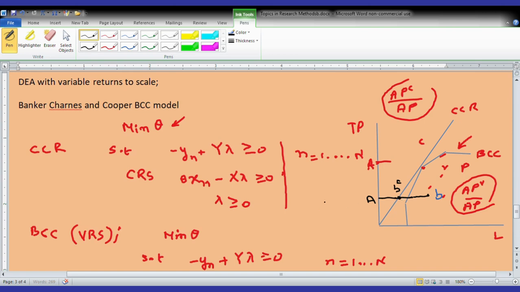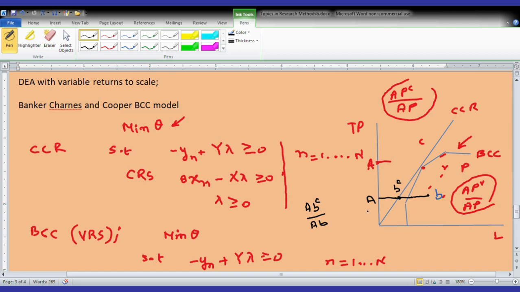Now define the technical efficiency in the context of CCR. It will be equal to the distance ABC divided by the distance AB, and see that the greater the distance ABC relative to AB, the greater the CCR technical efficiency.